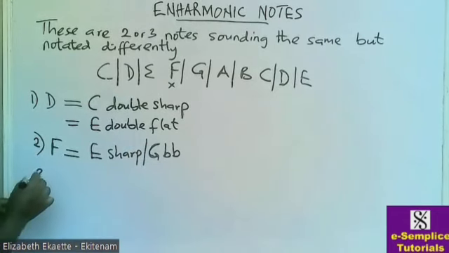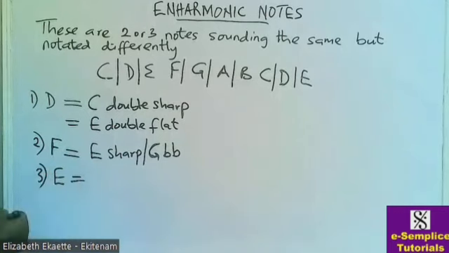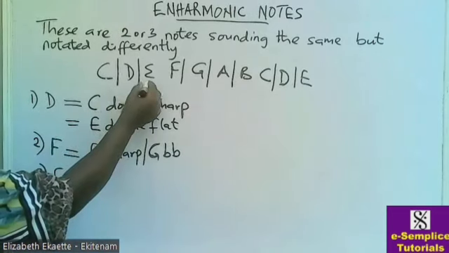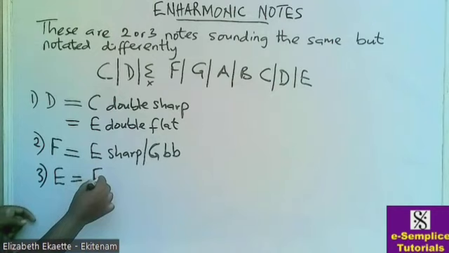Let's try a third question. Let's do letter E. Let's find some notes on the keyboard that will sound exactly like E. That is, let's find the enharmonic equivalence of note E on the keyboard. Let's go back to the keyboard. Now, this is the note you are given. For me, looking at that keyboard, I find a note in F flat.